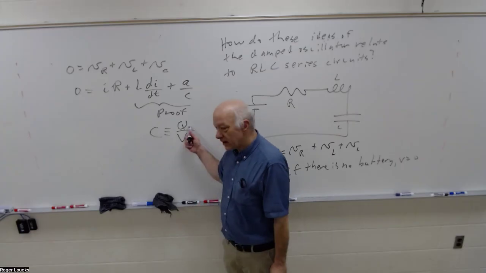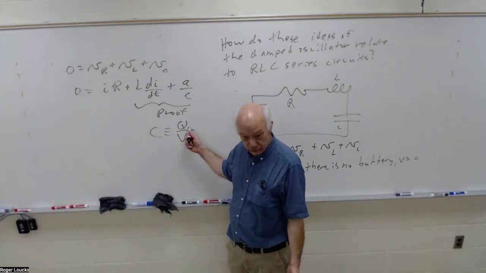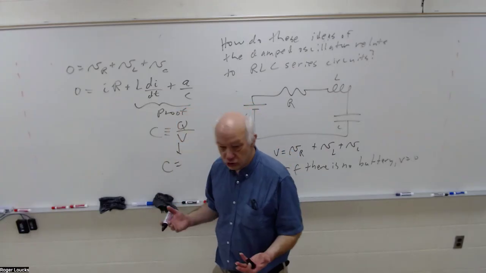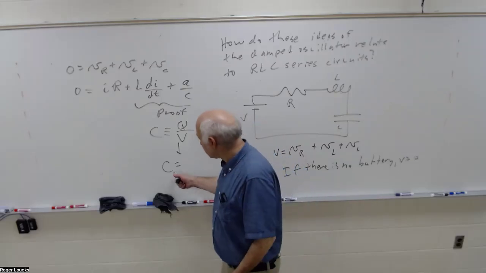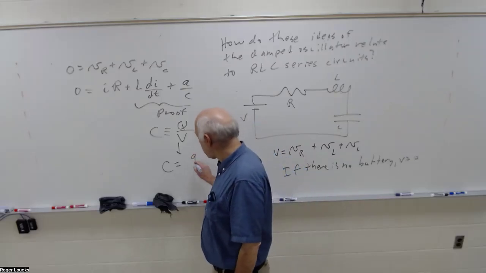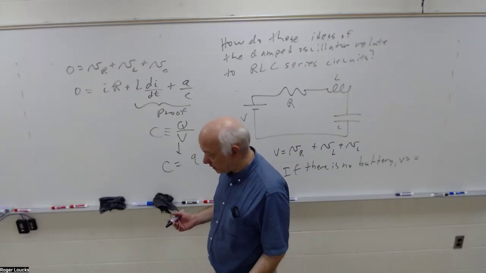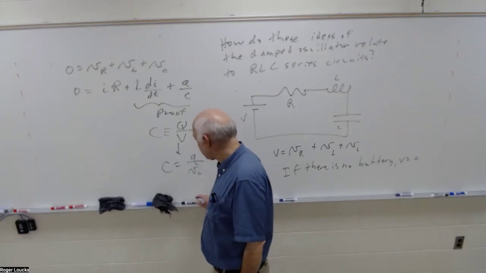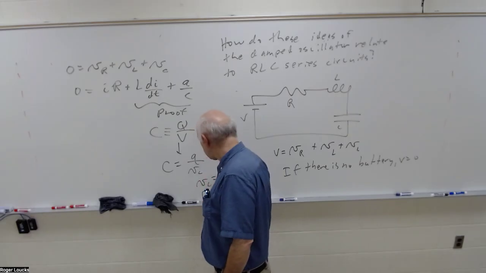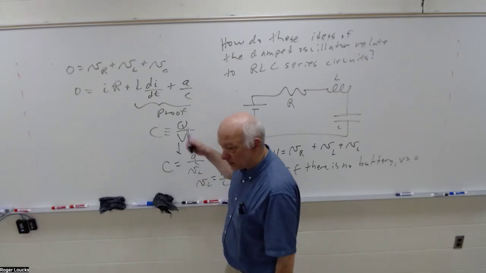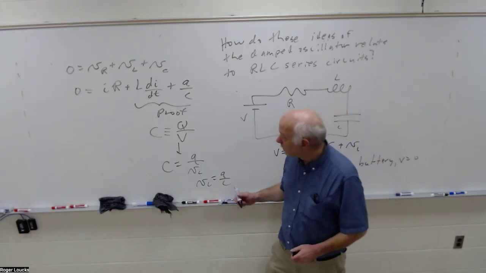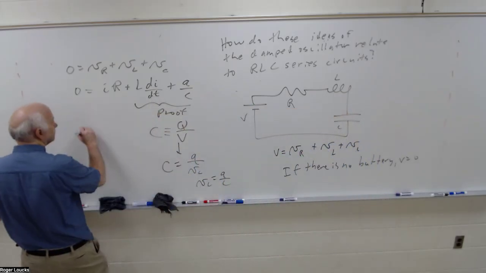Now in this case we don't have capital Q, we have something that's varying in time. But remember, the C only depends on geometric factors. So your capacitance is going to be the charge on your capacitor at any time, divided by the voltage on the capacitor. So your voltage on the capacitor is q over C. That's where that is coming from. Now, how do you prove this one?